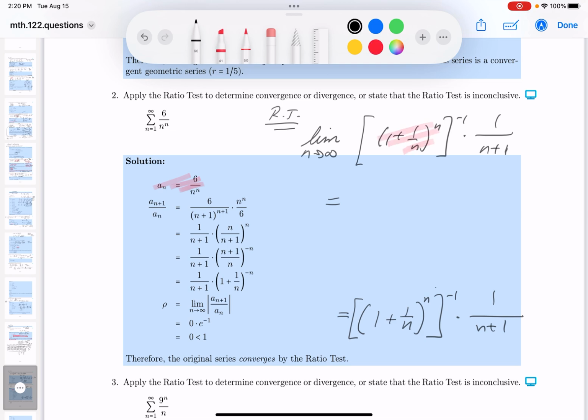It's e to the minus 1 times, and this guy's limit is going to be 0. This is 0. All right? Oh, I didn't mean to box that. Sorry about that. It's 0. What about 0? 0 is certainly less than 1. So this series converges by the ratio test.